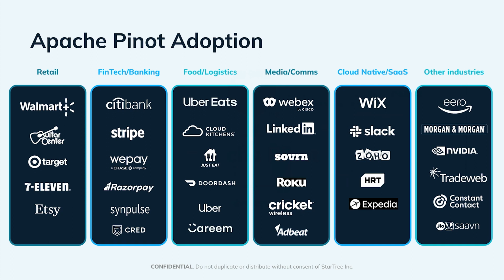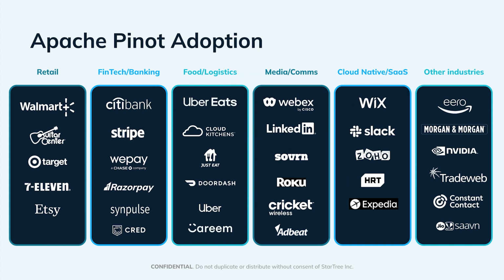The last few years, we have seen a massive adoption amongst different companies across the globe, and in different segments. You have prominent names like Walmart, Target, 7-Eleven in the retail sector, Citibank, Stripe, VPay, and so on in the financial services industry.